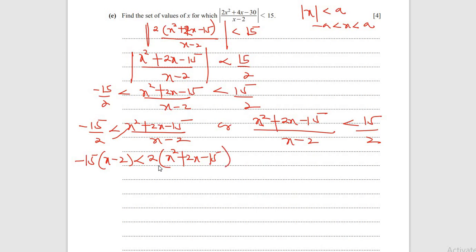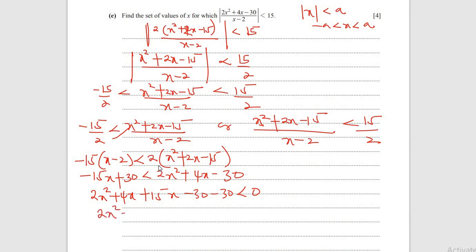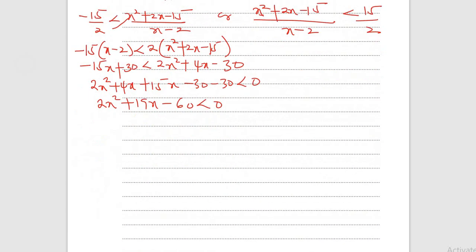So we have minus 15x plus 30 less than 2x squared plus 4x minus 30. At the end of the day, we have 2x squared plus 4x plus 15x minus 30 minus 30 less than 0. So you have 2x squared plus 19x minus 60 less than 0.